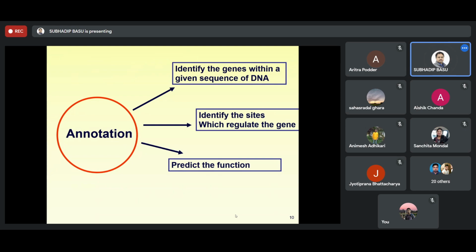You can silence a specific gene that produces the skin color of a mouse. You can silence a gene that produces, for example, the hairs in the mouse. These are all part of genetic engineering, and you can identify the sites which regulate the gene and play with that. You can also try to predict the function.